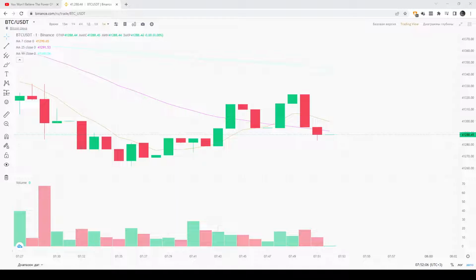I wouldn't base my entries on the approach of a single factor. Fractals have a practical meaning only as part of a comprehensive strategy and only for periods of more than 1 hour.